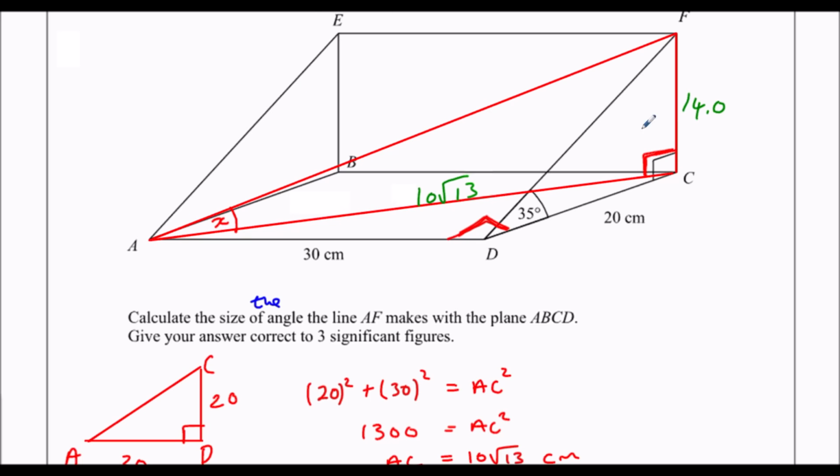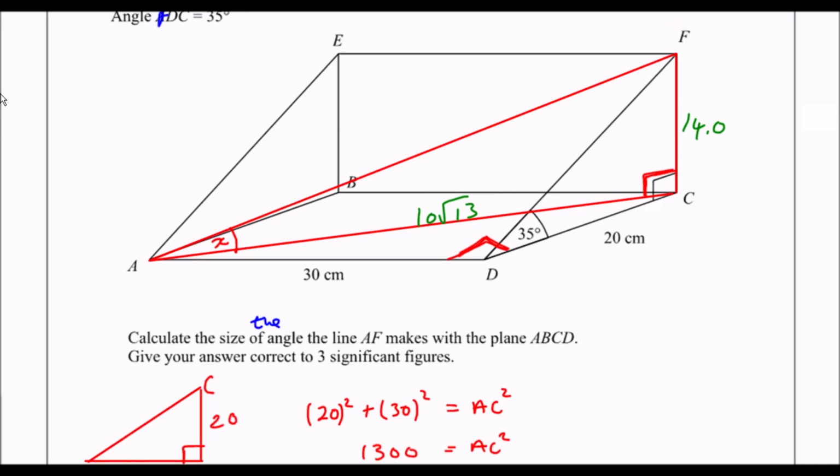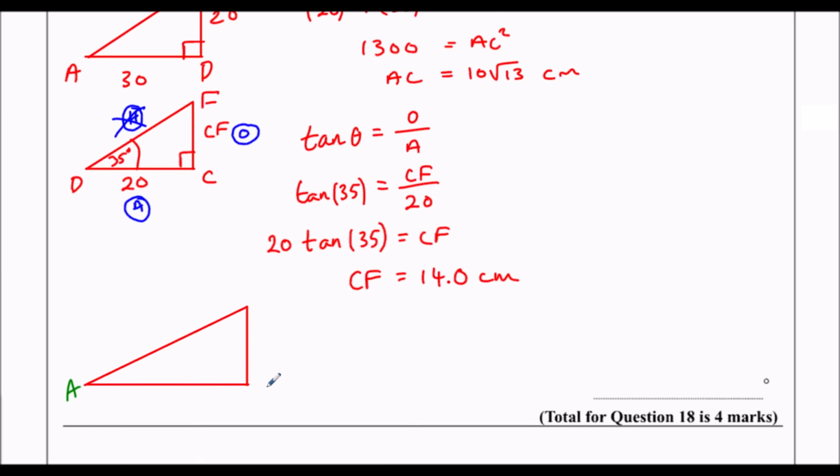So let's put the information down for our triangle ACF now. So we have A, C, F. C to F was 14.0.